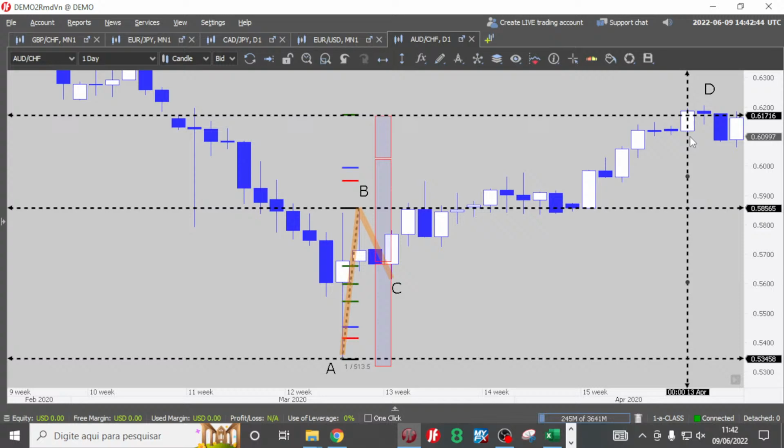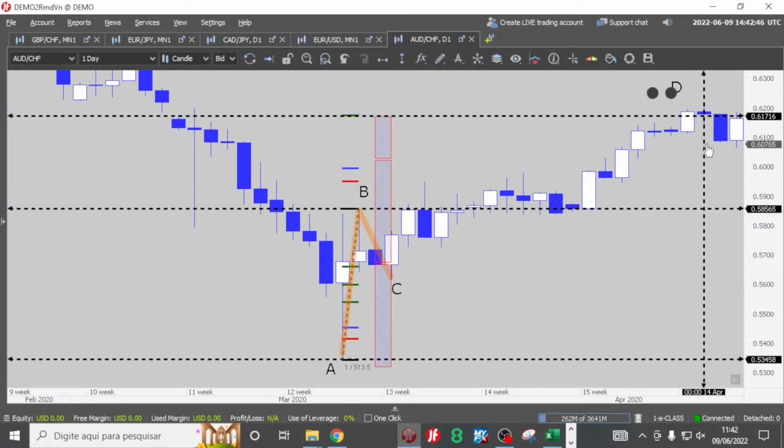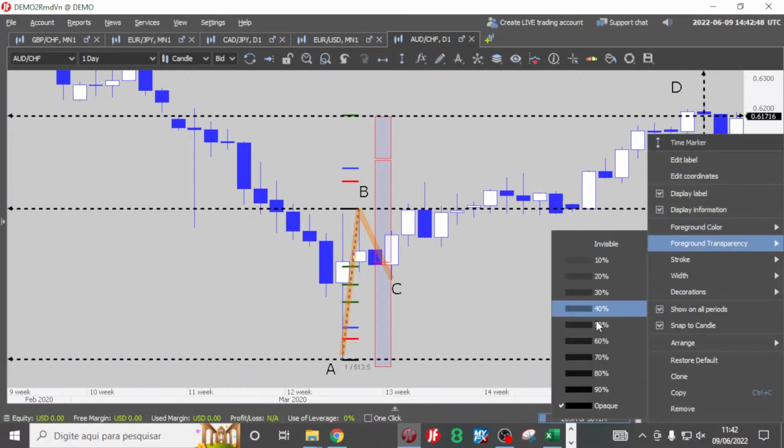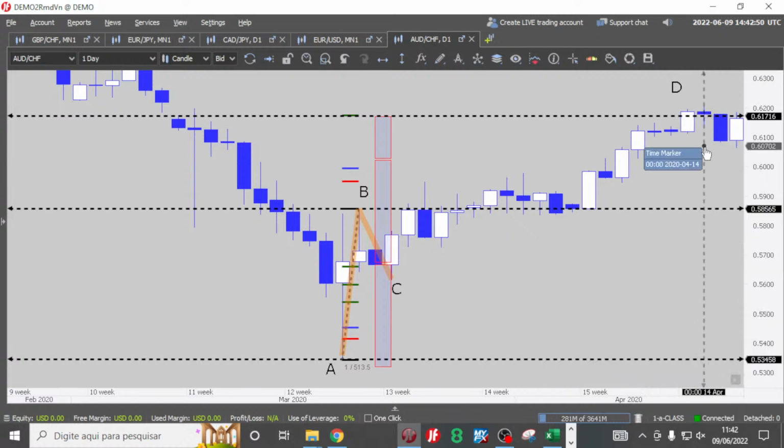I'm going to put a vertical line. You can see it, right, everybody? The blue candle in between, kind of doji blue one. Not confirmed yet, not confirmed yet. So this is our D, okay?